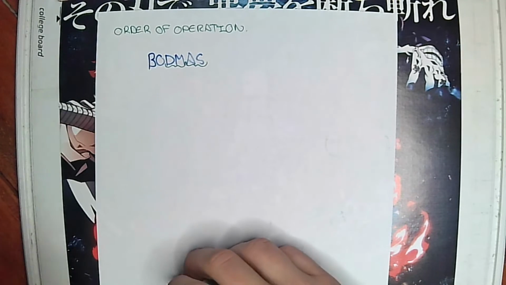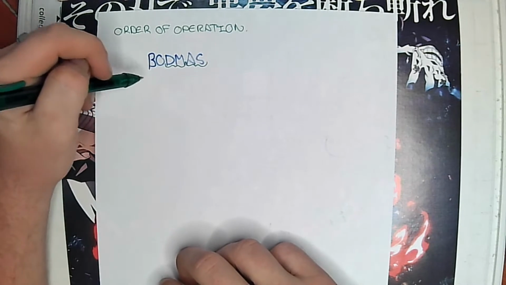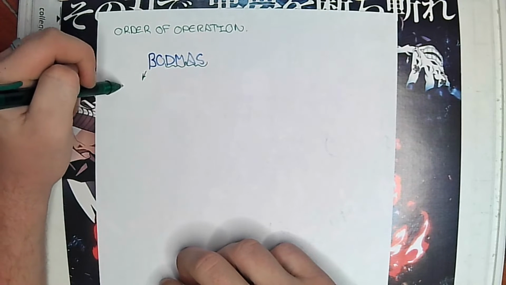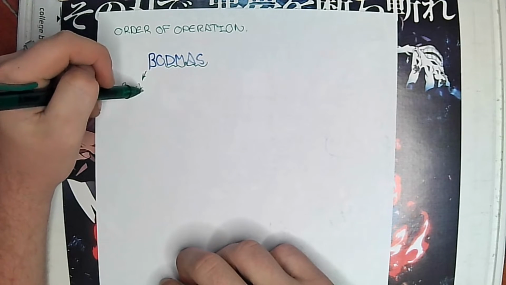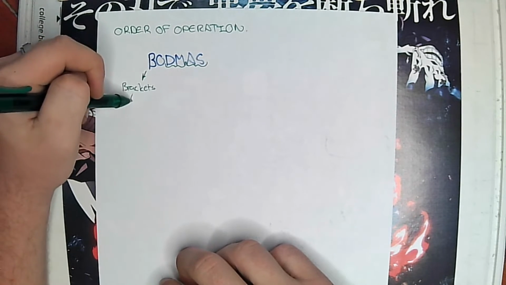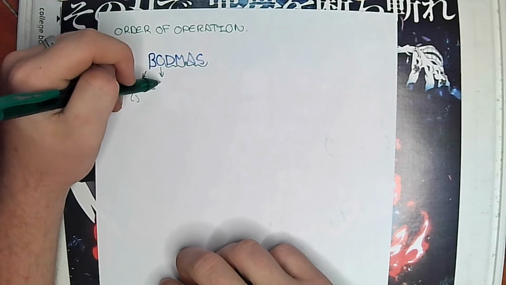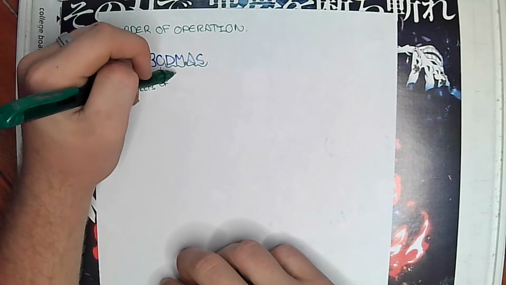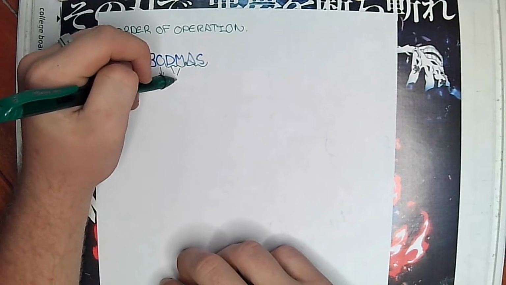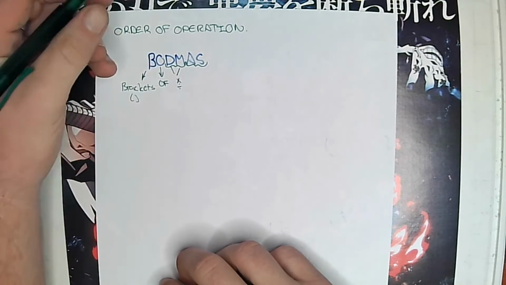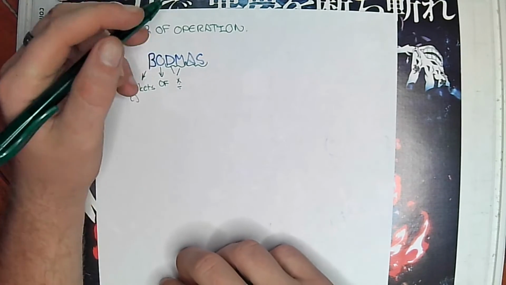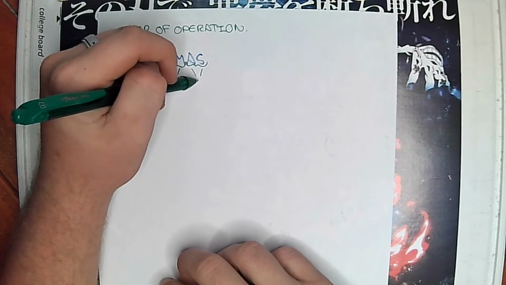So what this basically stands for is brackets, of, division and multiplication, or multiplication and division, and addition and subtraction.